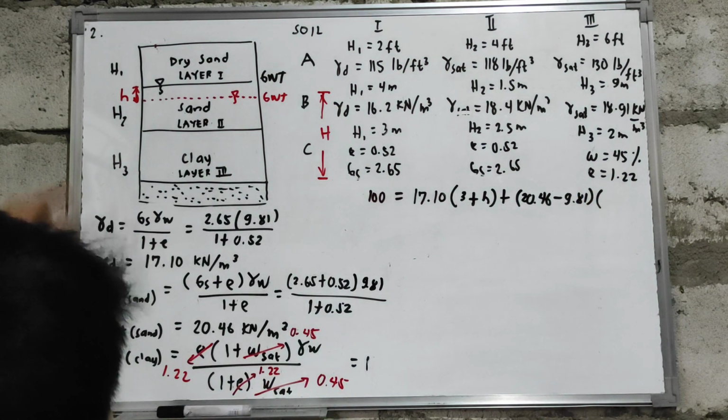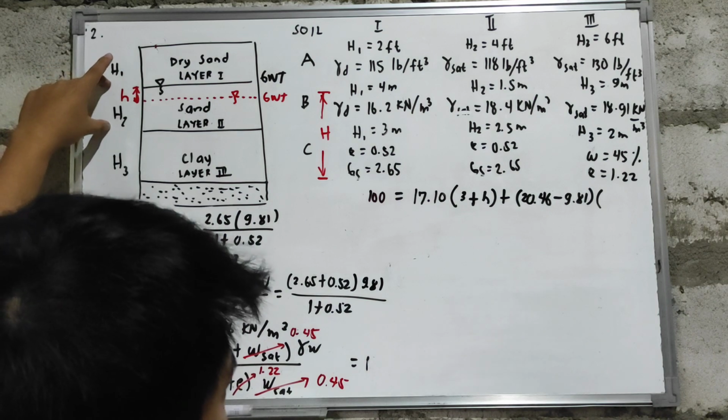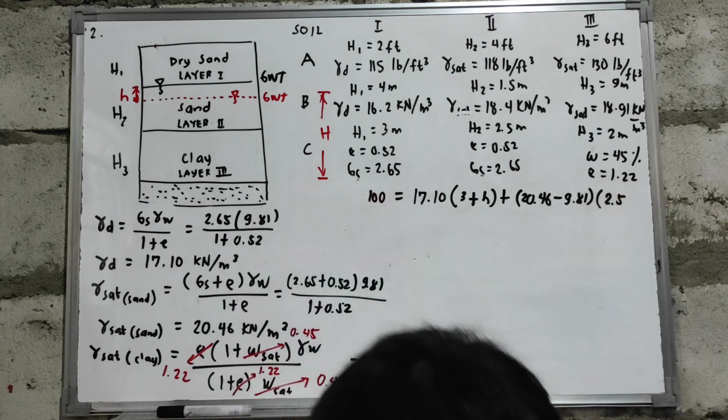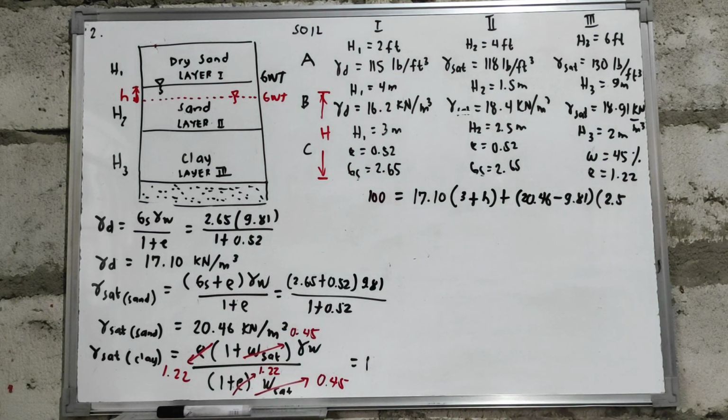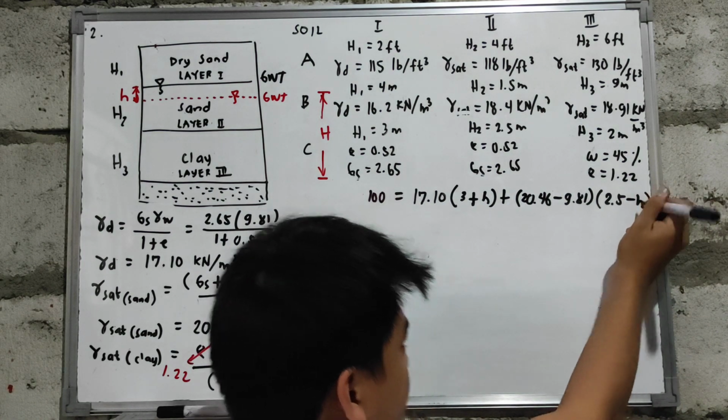multiplied by the height. So yung original height niya, dun sa soil profile natin is H2, which is equal to 2.5. Kaso nga lang, bumaba nga yung groundwater table natin by a value of h. So mangyayari niyan is 2.5 minus h.